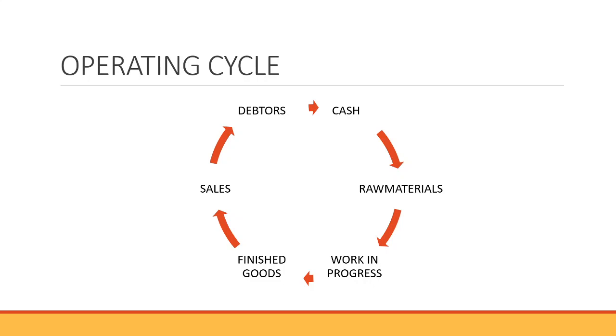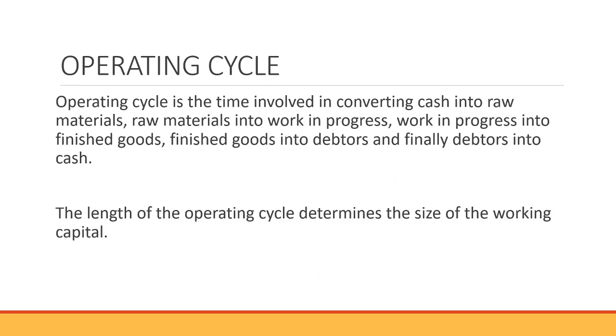This operating cycle implies the continuous flow from cash to suppliers, to inventory, to accounts receivable, and back into cash. The length of the operating cycle determines the size of the working capital.